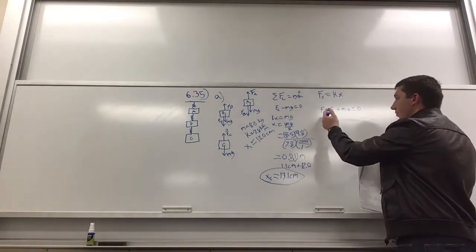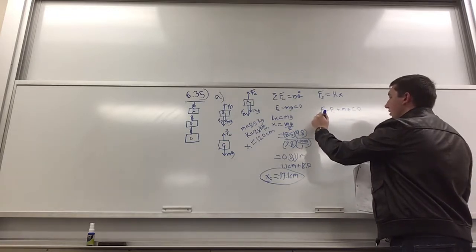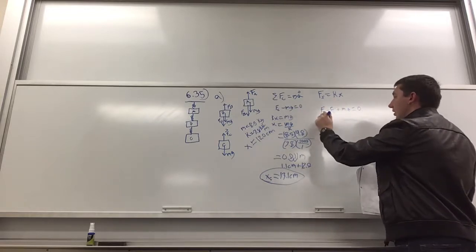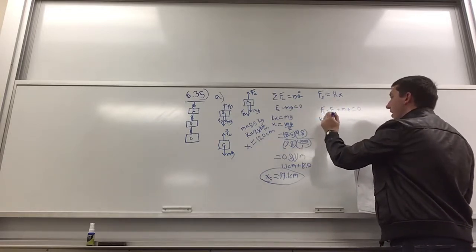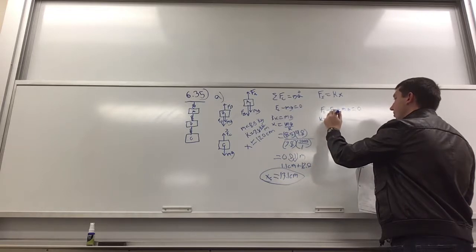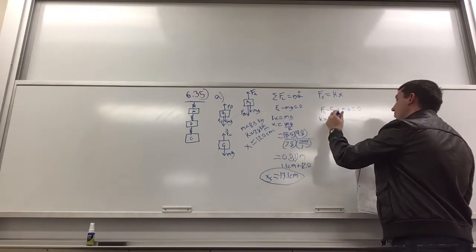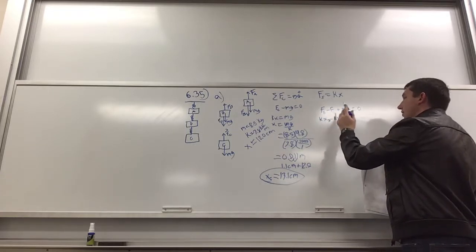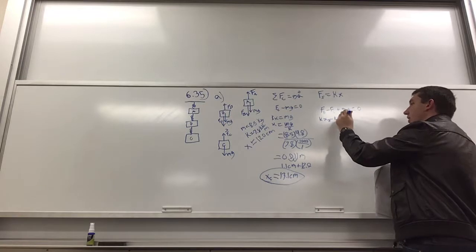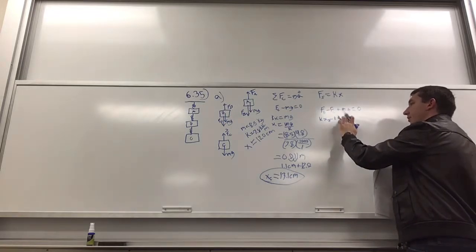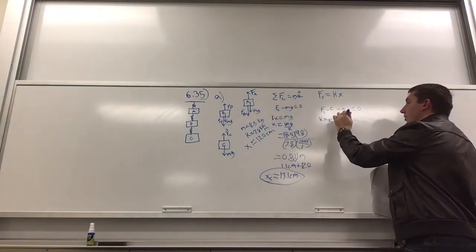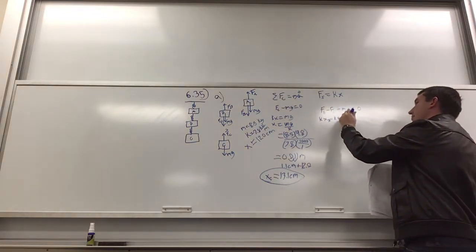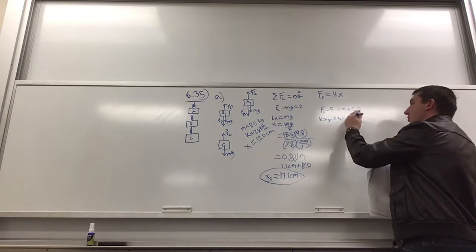So we know that this is going to be the spring constant for spring B times its x, minus the spring constant for C times x for C, the distance for spring C, plus, well, I think these are minus as well because they're negative forces. So minus mass times gravity equals 0.